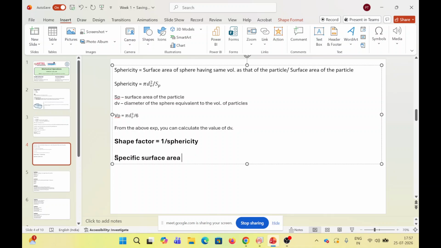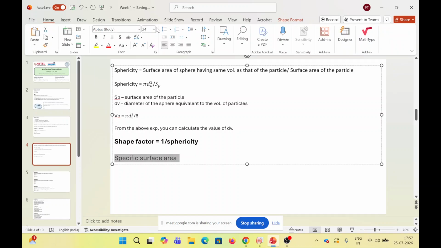Similarly, specific surface area is the surface area upon the mass of the particles. The same goes for specific density, specific gravity and so on: the physical variable you are talking about upon its mass.